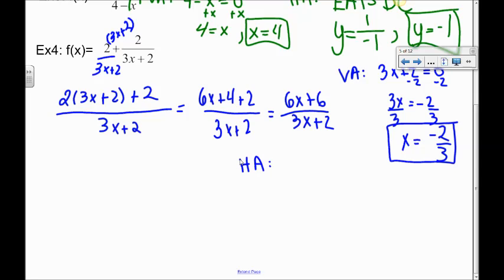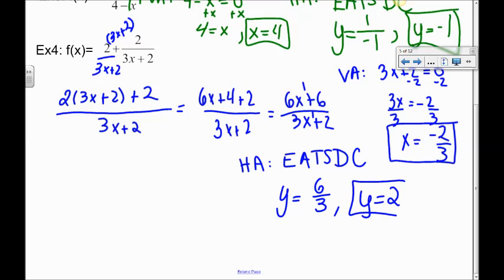So if we look, again, our exponents are both 1 of x, so exponents are the same, again. And we're going to divide our coefficients. So if we do y is equal to 6 divided by 3, we'll get y equals 2.